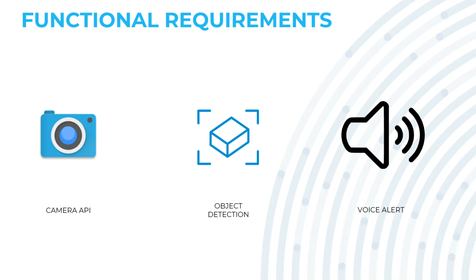Next one is the object detection, where TensorFlow Lite is used to detect objects in the preview and is given with a respective label. The third one is the voice alert, which using text to speech API reads out the output of modules like object detection, distance calculation, and direction identification modules.